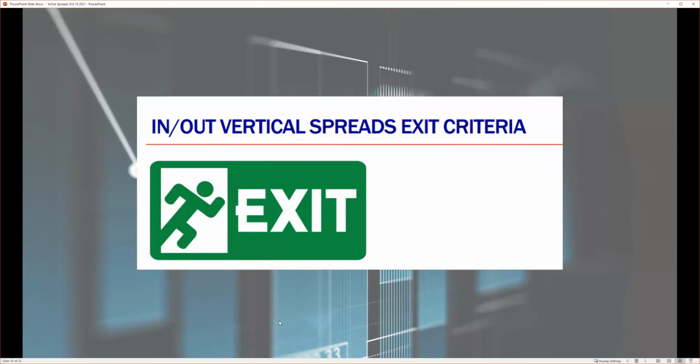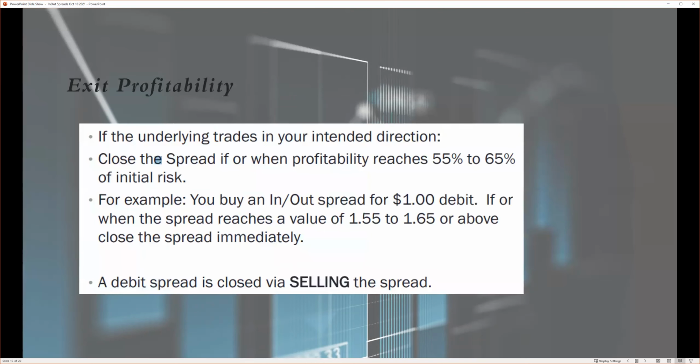Now, we already know what to buy, when to buy, how much to buy. And the next step is when we get out, right? What is going to be our exit criteria? So we have different scenarios. We're going to exit profitable if the underlying trades in your intended direction.